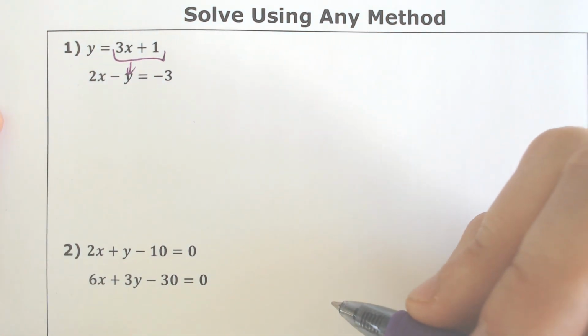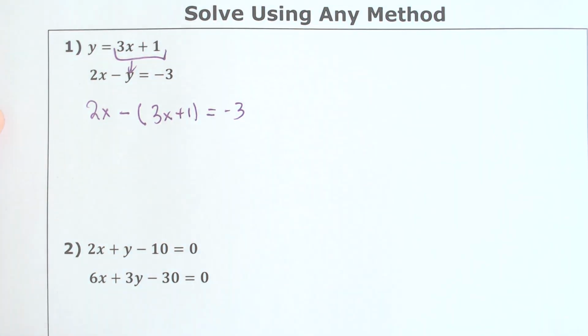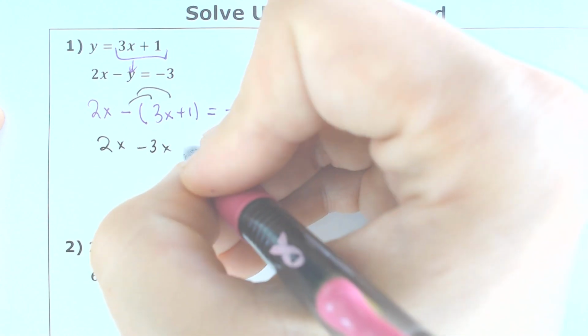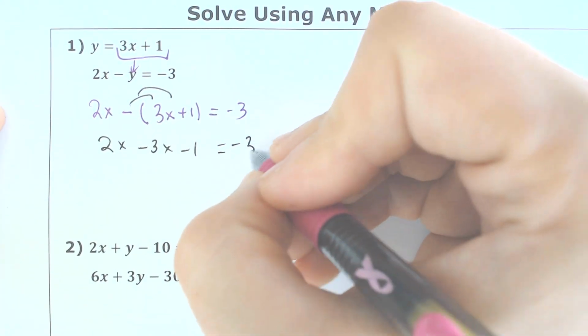If we do that, we get 2x minus, don't forget to distribute the negative. That is a big mistake that a lot of people make. Distribute the negative. 2x minus 3x minus 1 is equal to -3.